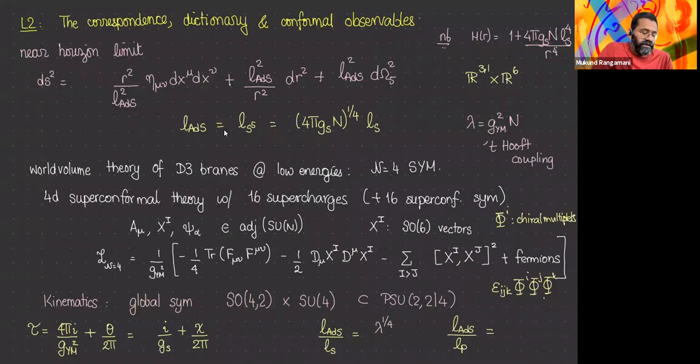However, there's a relative factor of g_s between the Planck scale and the string scale. So if I ask what is the AdS scale in Planck units, then I find it is (4 pi N) to the 1/4. And now you see why I need large N. I want my AdS spacetime to be macroscopic in Planck units.